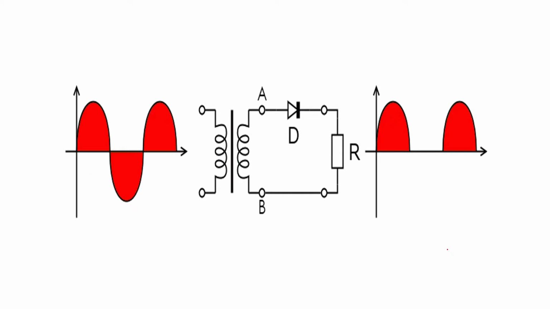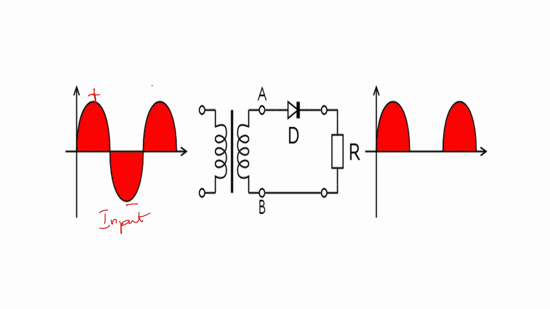Here you can see the circuit of the half wave rectifier. Here we have shown the alternating quantity as I told you earlier. This will be your input, having a positive half cycle, a negative half cycle, and a positive half cycle.